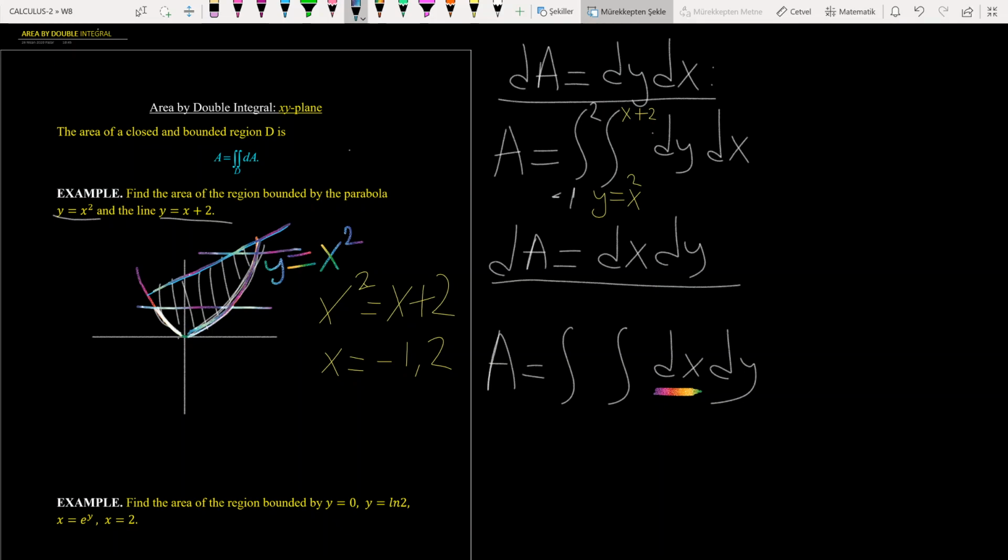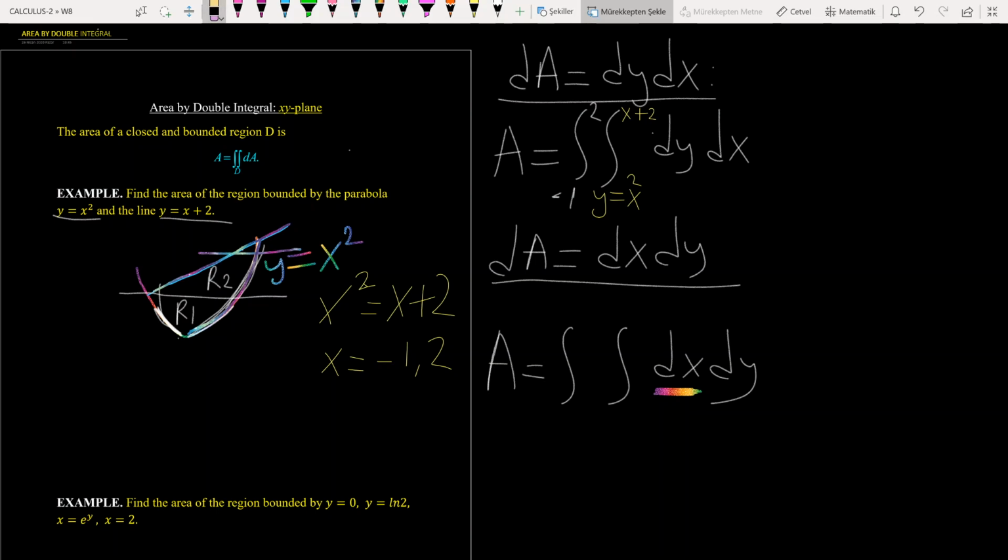So if you prefer to write dx dy instead of dy dx, you actually have two regions. Let me clear this one also. So you have two regions to compute. Let's say this is region 1, and this is region 2.